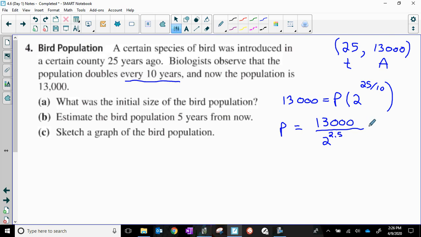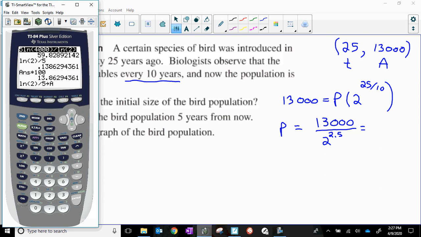By the way, since this population is growing, this value should be smaller than 13,000. Make sure you have some reasonableness going with your answers. So let me go ahead and find that value.